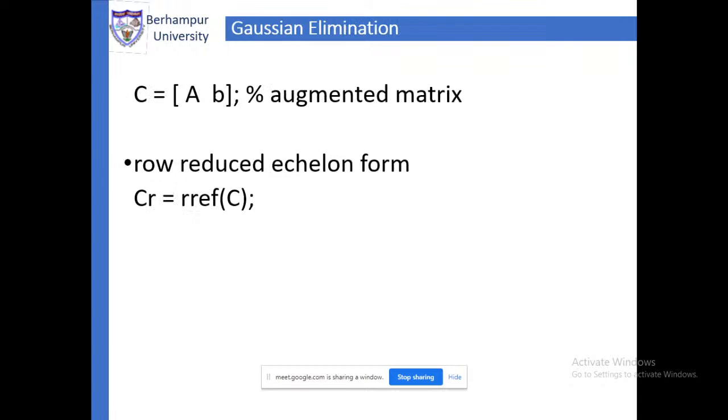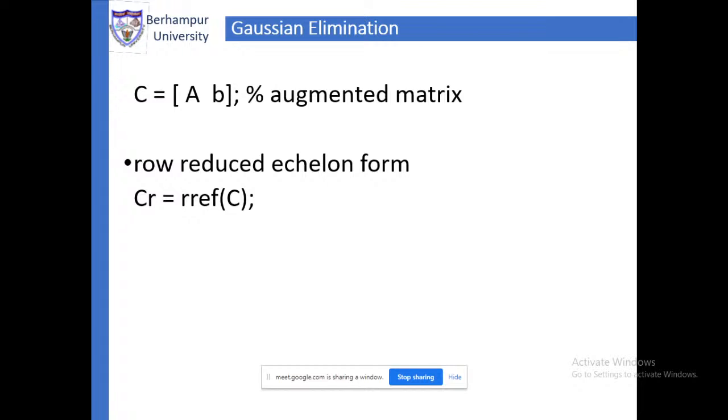Okay. Now let us do the same thing using the Gaussian elimination method. I hope you know the Gaussian elimination method, or you have read it in numerical methods or numerical techniques. How do you proceed with the Gaussian elimination method?